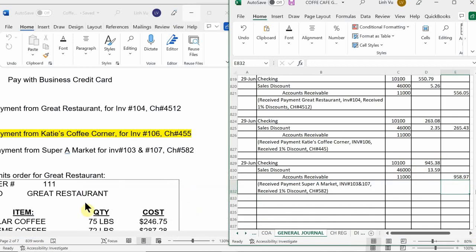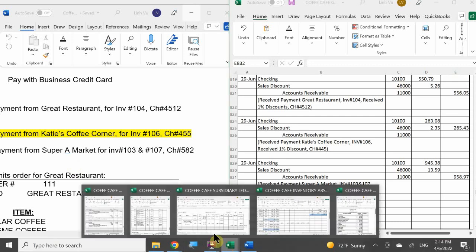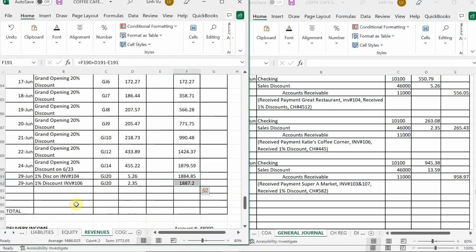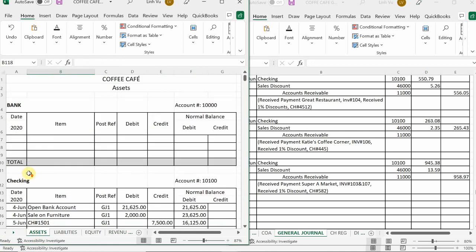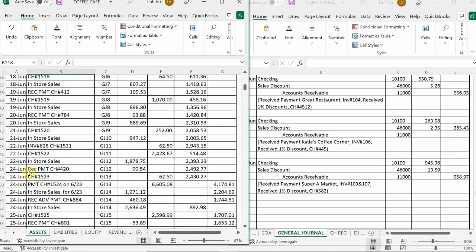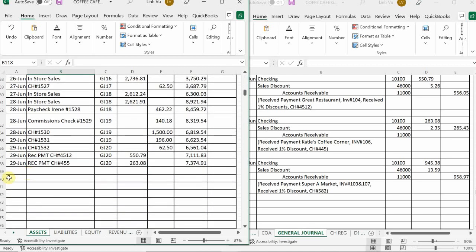I need to post this to my ledger account, starting with checking. Received payment, check number 582. We're still on journal 20.